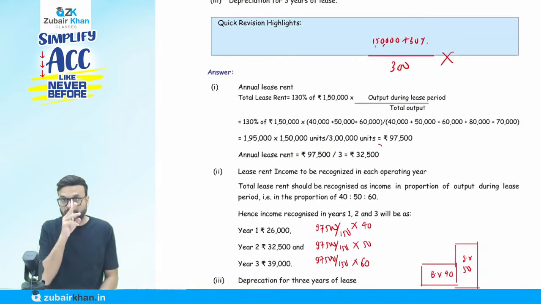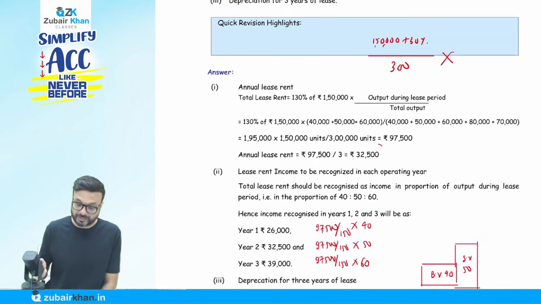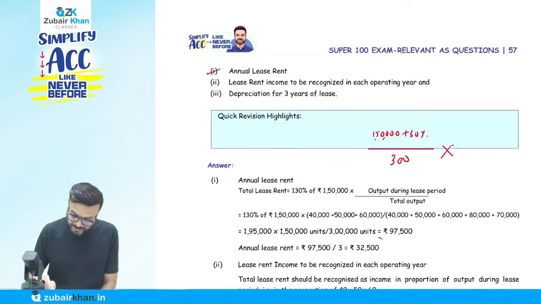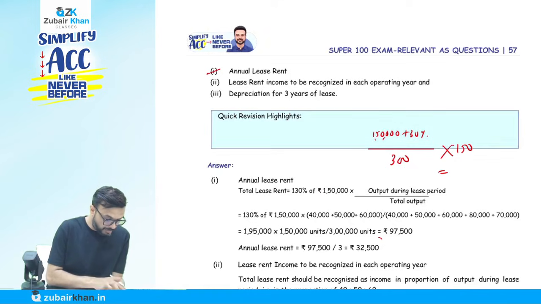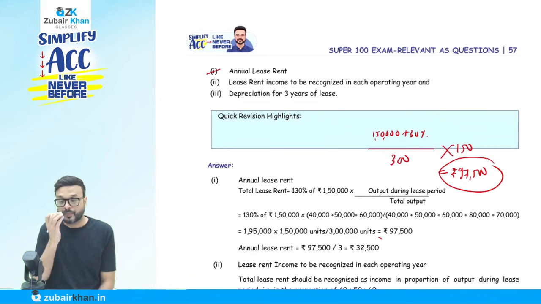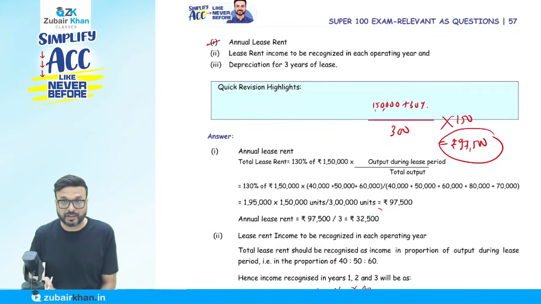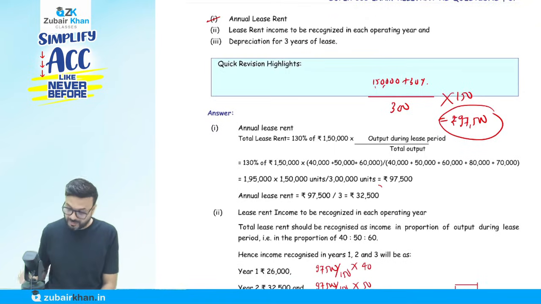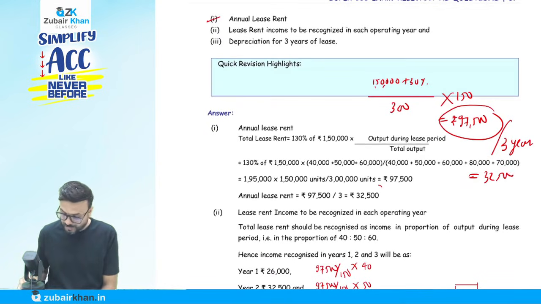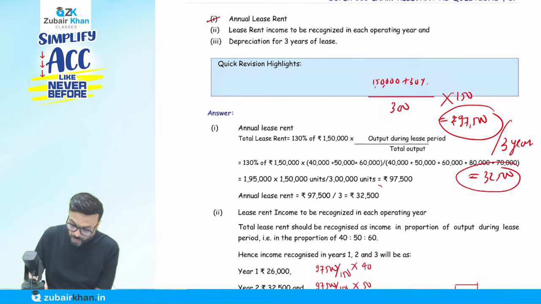We are calculating it for the 3 years because they have given the lease for 3 years, so 40 plus 50, 90 plus 60, that is 150. So it will be 1,50,000 plus 30% divided by 300 multiplied by 150, which comes to 97,500. This is the lease rental we calculated for the 3 years. Now annual, divided by 3 years, is 32,500. This is correct.